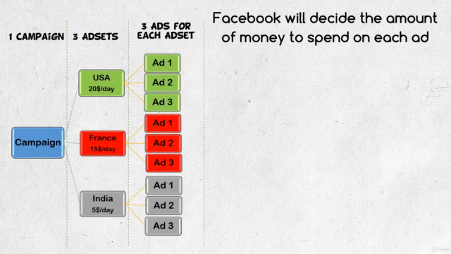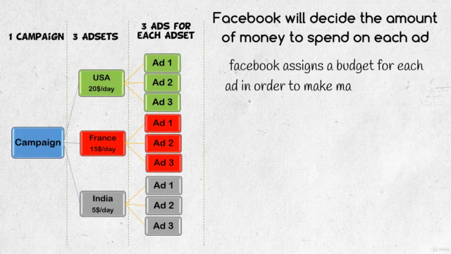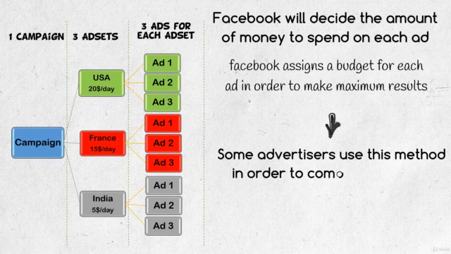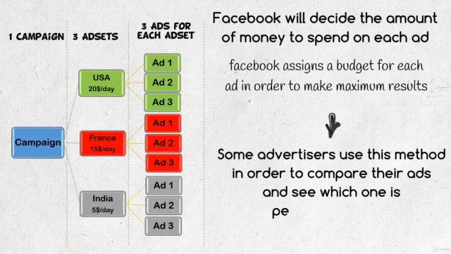Of course, it's not a random decision that Facebook takes. Facebook assigns a budget for each ad in order to make maximum results. Some advertisers use this method in order to compare their ads and see which one is performing better, and it could work for you. But I personally had little success with this.